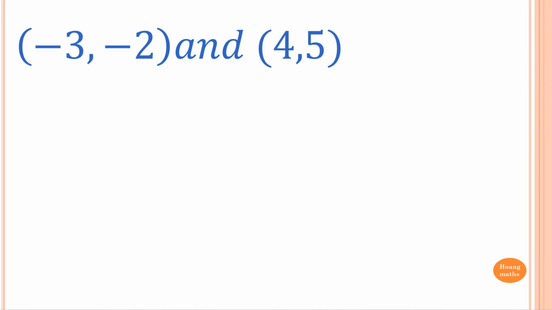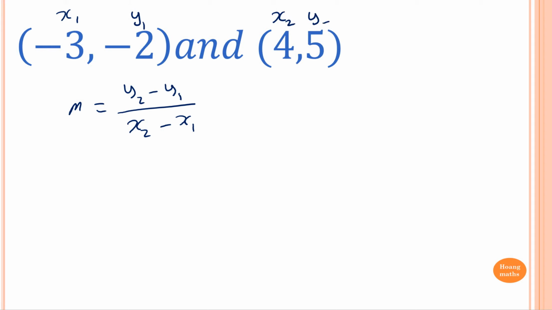Now, to find the gradient of these 2 points, we know that the rule is m equals y2 minus y1 over x2 minus x1. So this is x1, this is y1, this 4 here is x2, and then 5 is y2. We just put that in and calculate our formula.